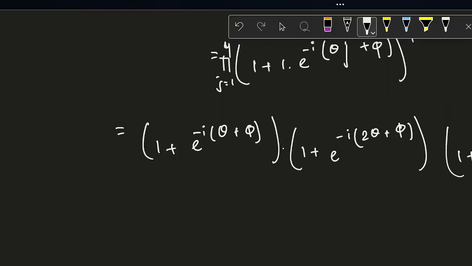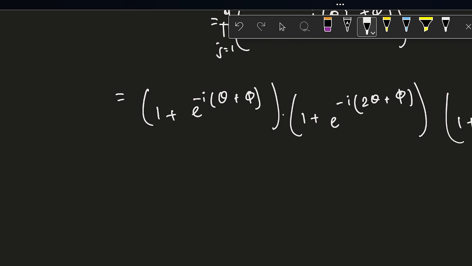Yeah, so if this is our case, then this is equal to, you just have to expand out the product, right? It can get a bit clumsy, but you have to pay a lot of attention so that you don't miss any term.